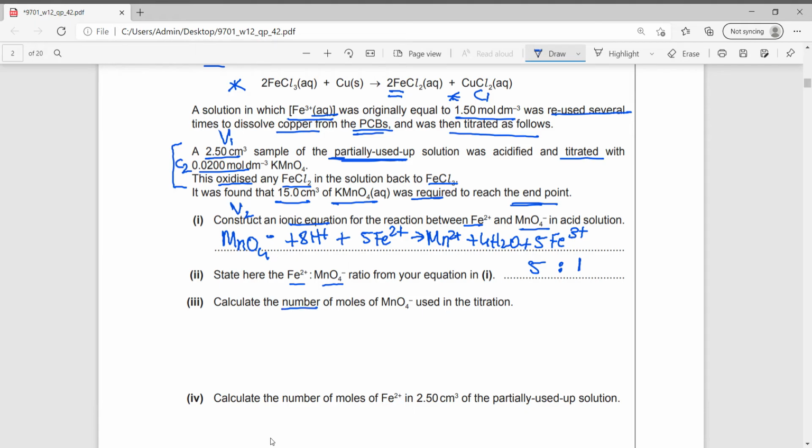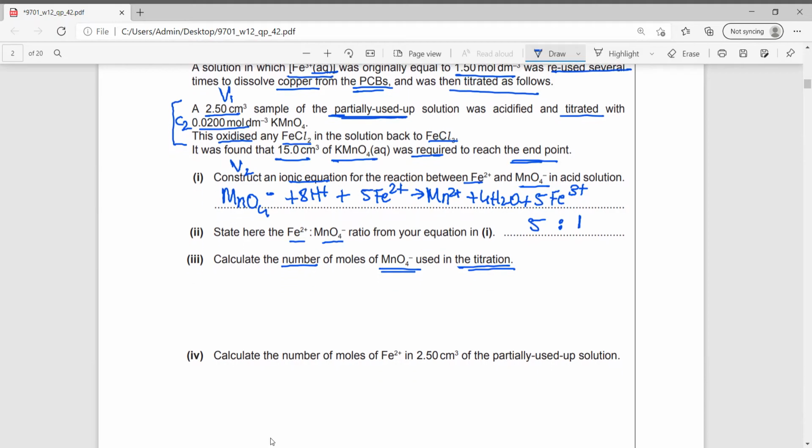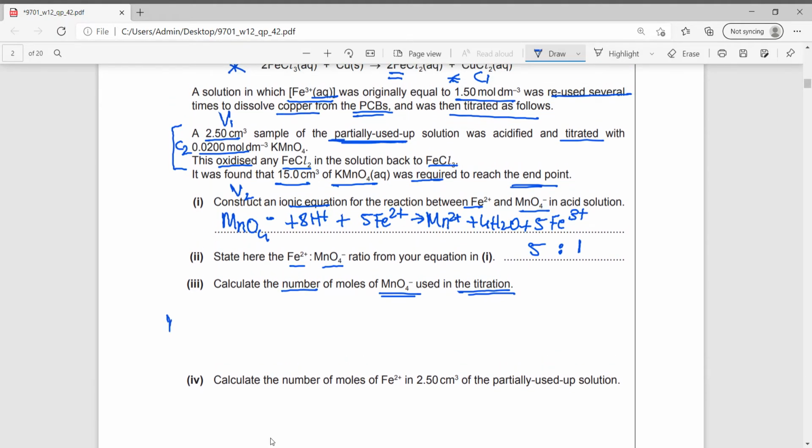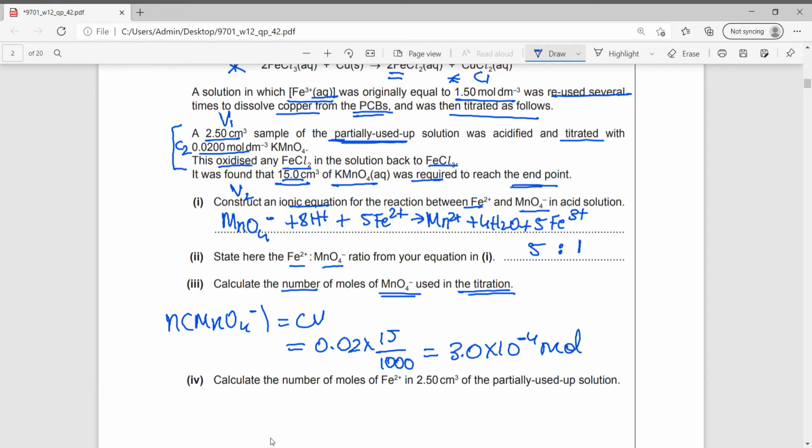Next question is calculating the number of moles of MnO4- used in the titration, right? So the number of moles n of MnO4- is equal to Cv. So its concentration is 0.02 times its volume that was required, 15 cm3, in dm3 so divide by 1000, and your answer will be 3.0 × 10^-4 moles.